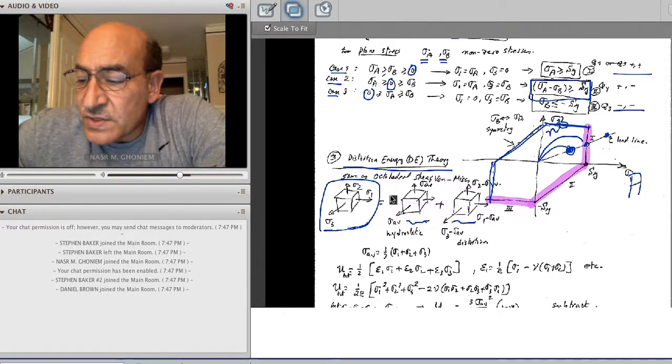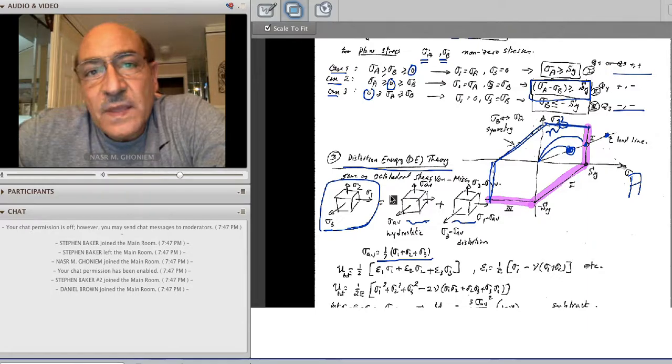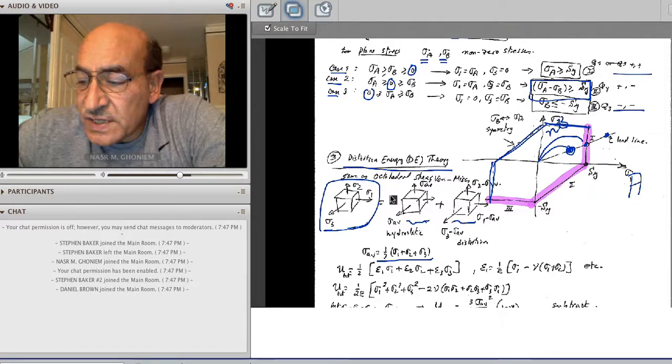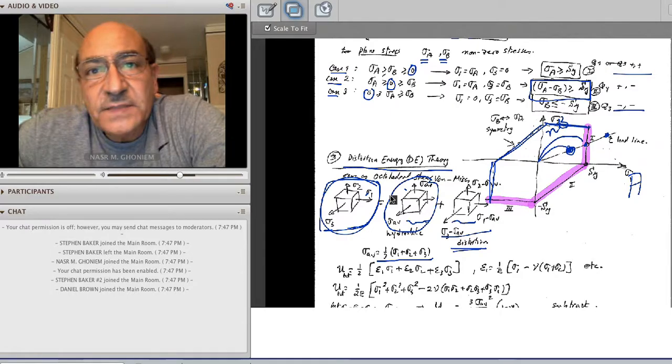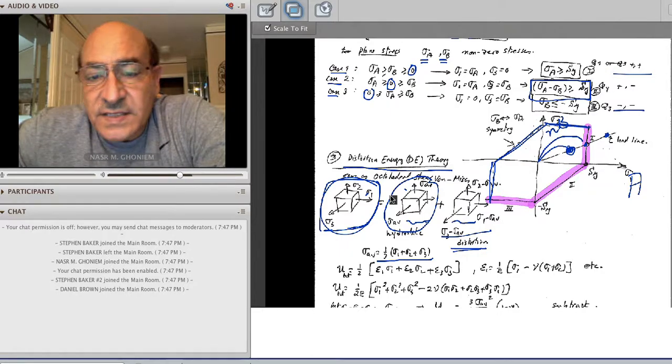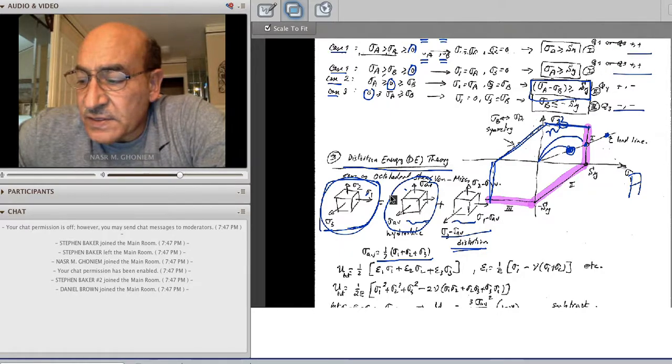The average is 1/3 of the sum of the three principal stresses, and then you compute the energy that is stored in the average and the energy stored in total, and you subtract this minus that to get the distortion energy. So the distortion energy is the end result, and failure is based on the distortion energy exceeding a certain level.